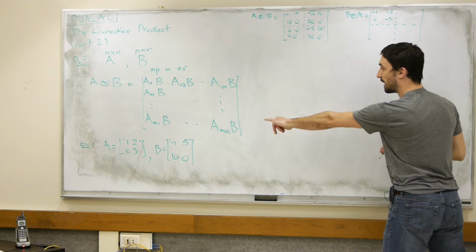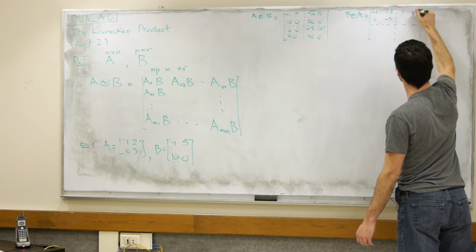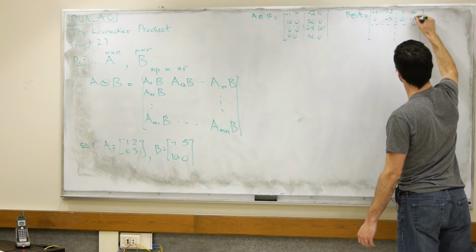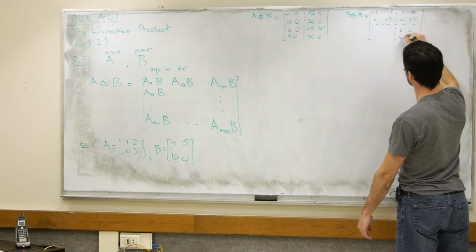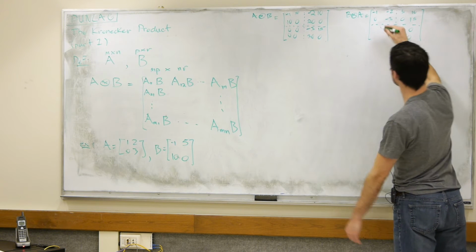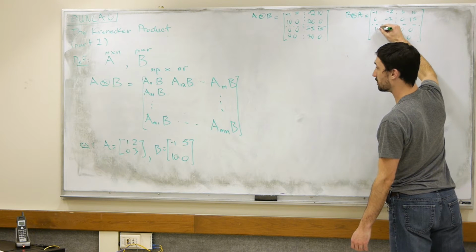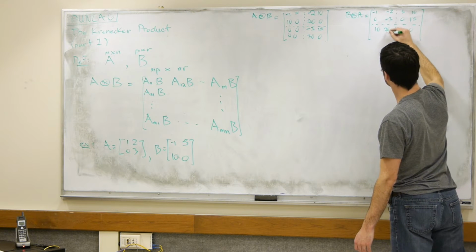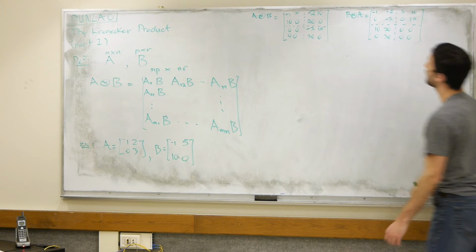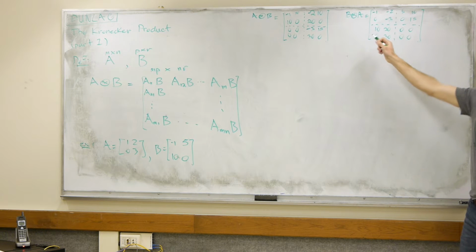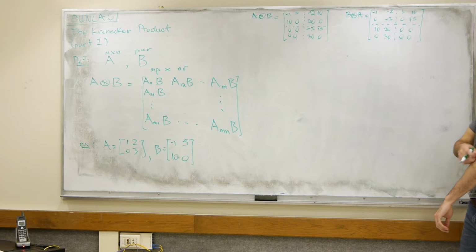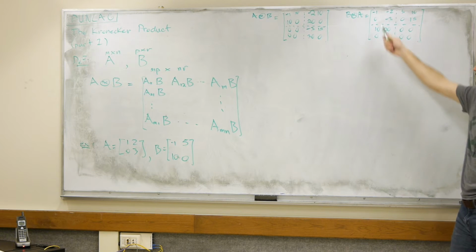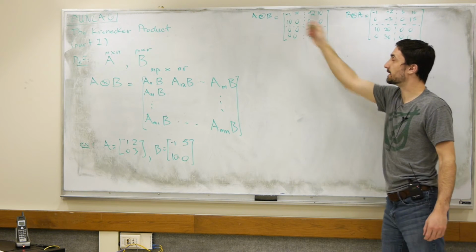We take 5 times the whole matrix A, and 0 times the whole matrix A, and finally 10 times the whole matrix A. And immediately we see that the Kronecker product is not commutative. A Kronecker B does not equal B Kronecker A. For example, this entry is not the same.